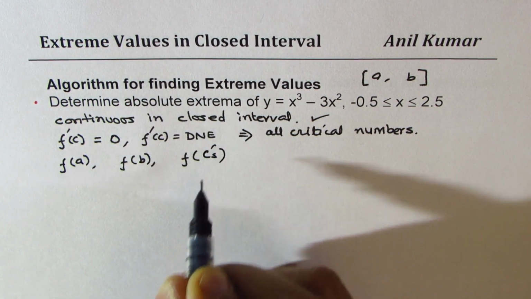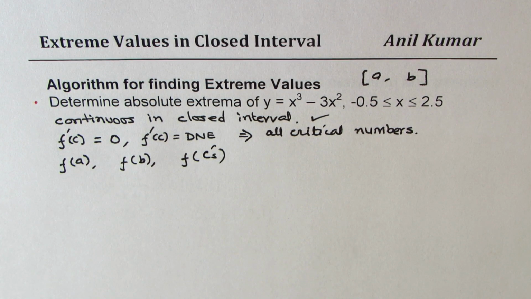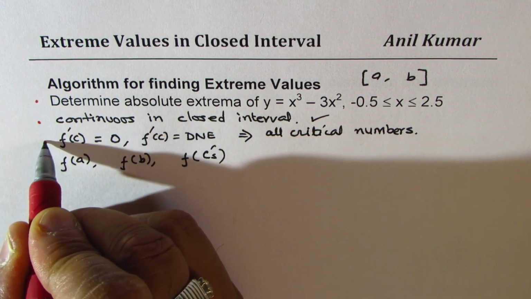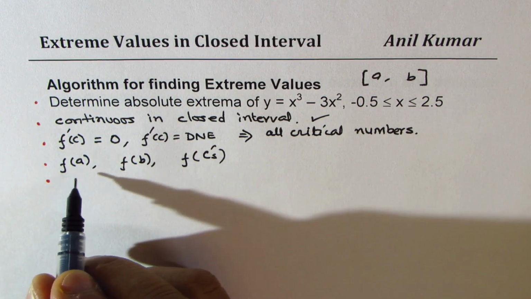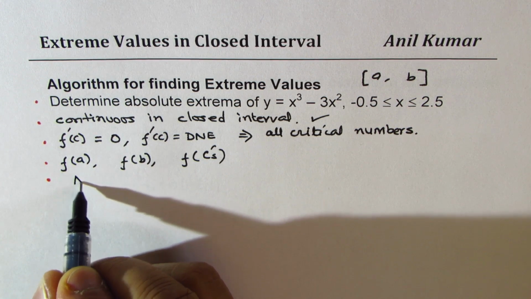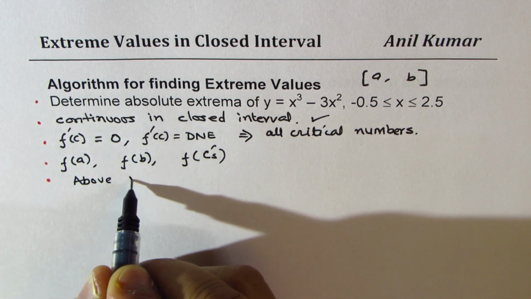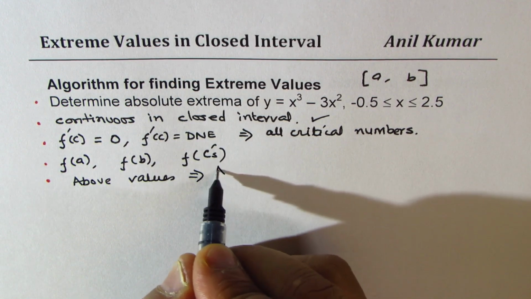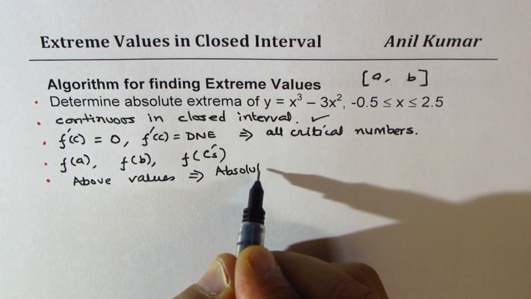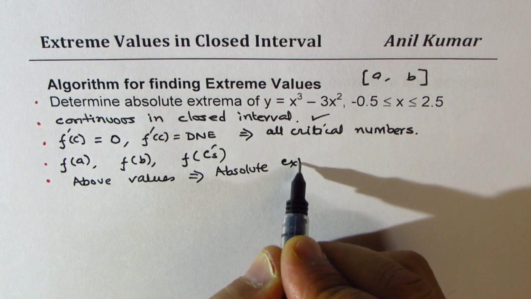So we say C's, all the critical numbers. So comparing these, we are going to get the answer. So these above values will lead to absolute extrema.